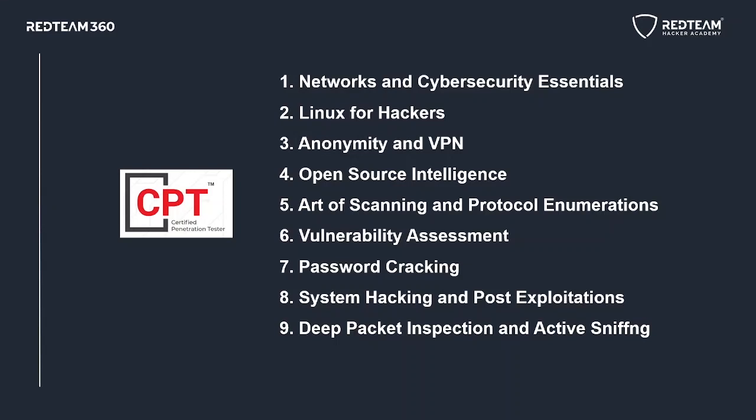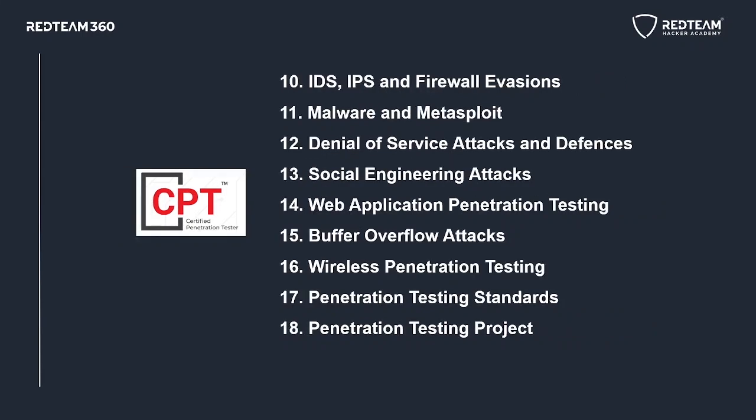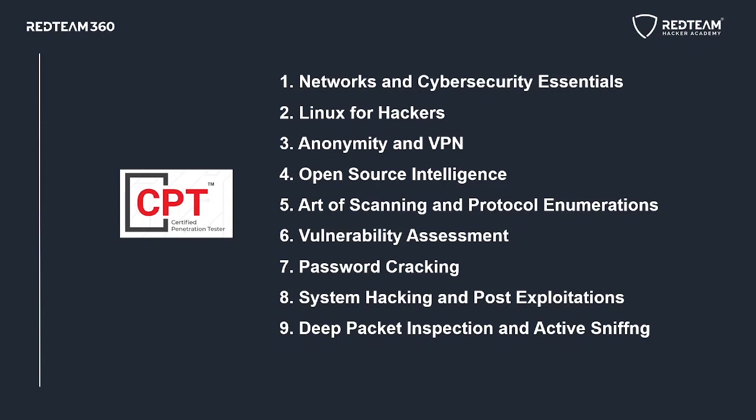Now let us see what topics we cover under this particular course. We have 18 modules under this course, and it will take a total of 80 hours. We start the course with the fundamentals of networking, the fundamentals of cybersecurity, and the fundamentals of Linux.